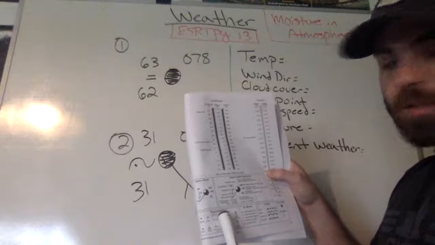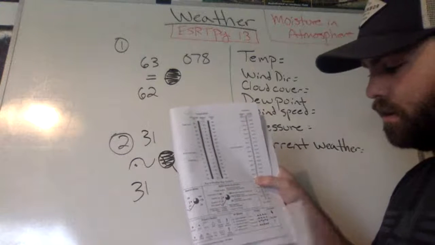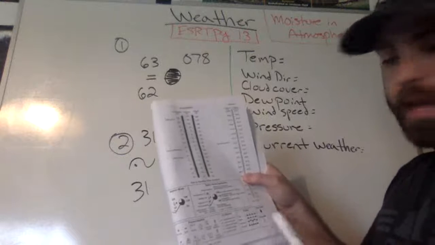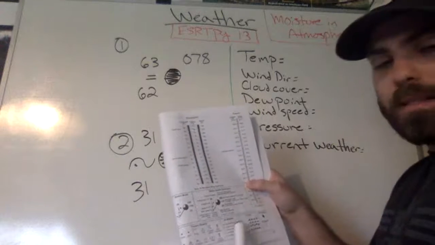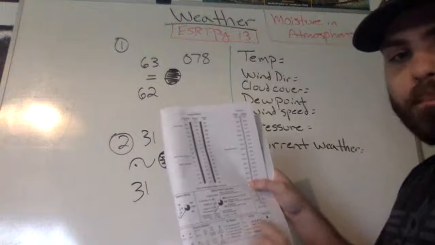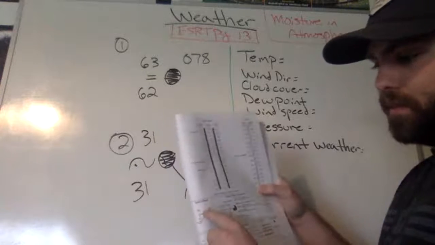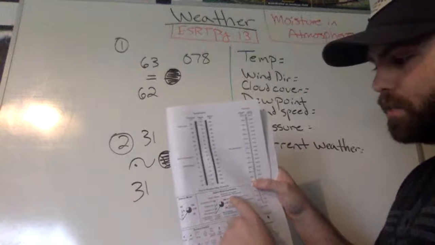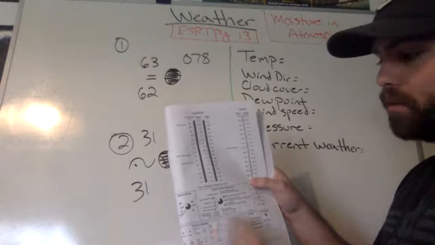Then it gives you the present weather, the air masses that are associated with it, the fronts, and hurricanes and tornadoes. Those last three, the air masses, the fronts, and the hurricanes and tornadoes, we haven't looked at a map that has these yet.